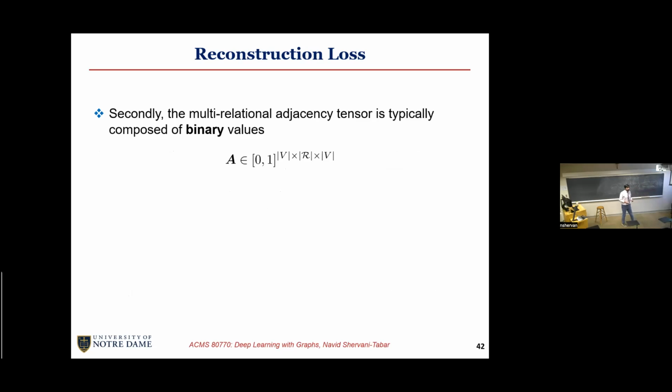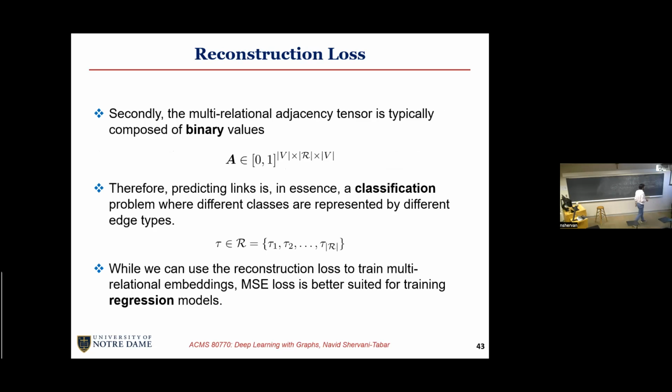The second problem is that many of our graphs are just binary. I mean, the relation types are discrete, meaning that adjacency tensor is binary. So for each pair of nodes, a pair of entities, we either have 0 or 1 for different types of edge that can possibly be there. So this is essentially a classification problem where you want to classify which edge type is there between two different entities.